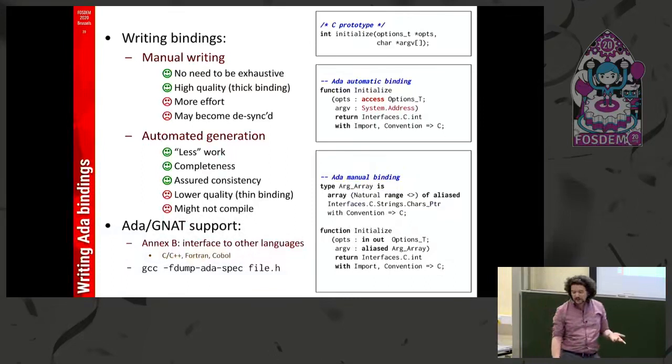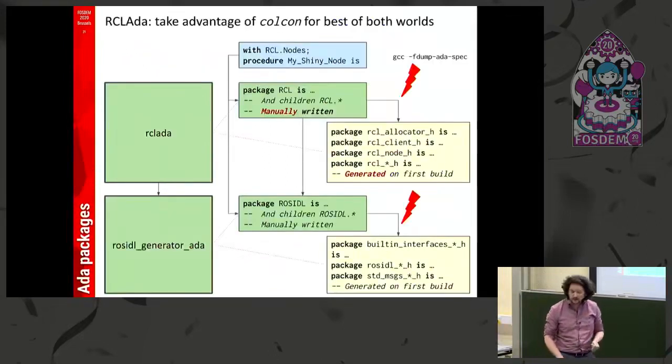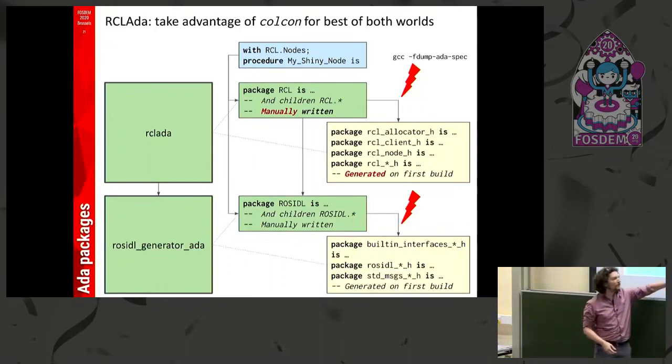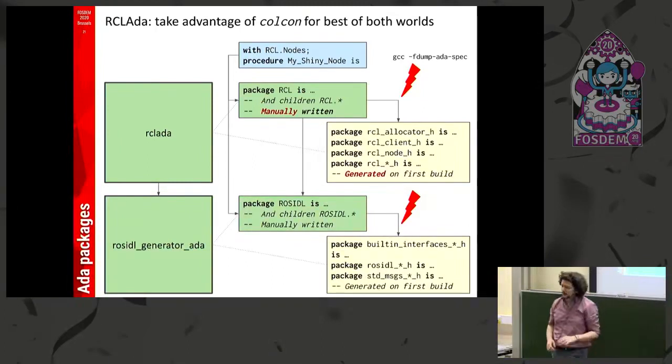And in this case, what I did was to try to get the best of both worlds. Also because ROS2 is relatively young, and so it's still evolving. So during the building process of the whole thing, what happens is that first a low-level binding is automatically generated. And so we have the guarantee that we are using the actual existing C functions.